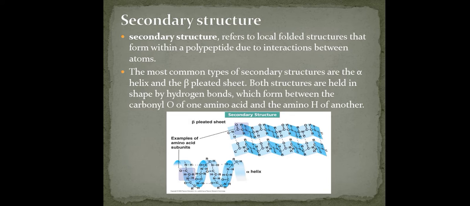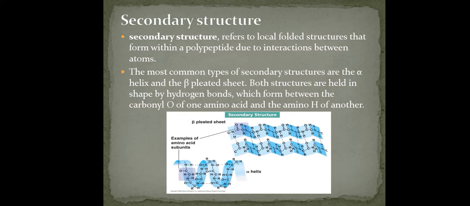Secondary structure refers to a local folded structure that forms within a polypeptide due to interactions between atoms. The most common types of secondary structure are the alpha helix and the beta pleated sheet. Both structures are held in shape by hydrogen bonds, which form between the carbonyl of one amino acid and the amino H of another.